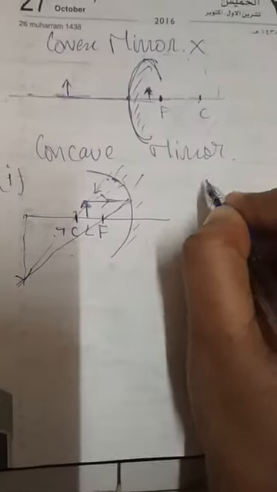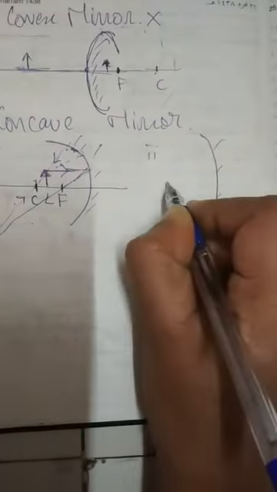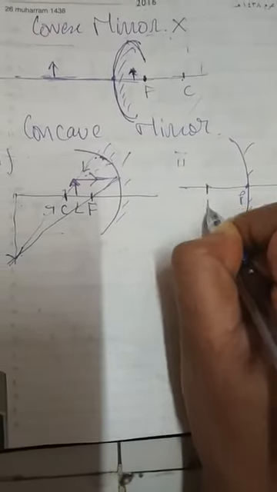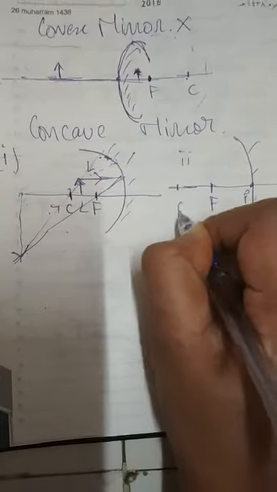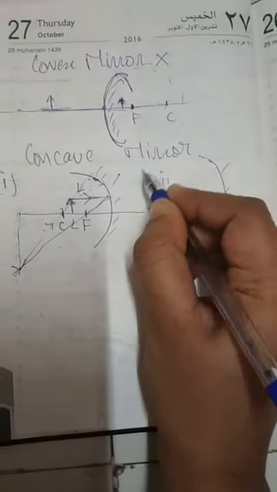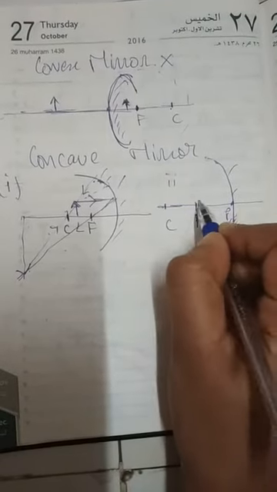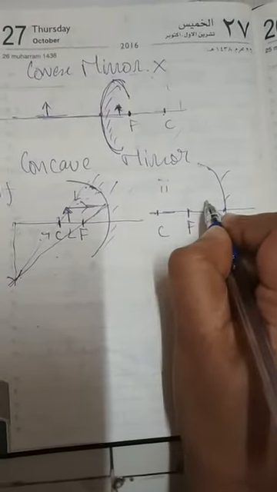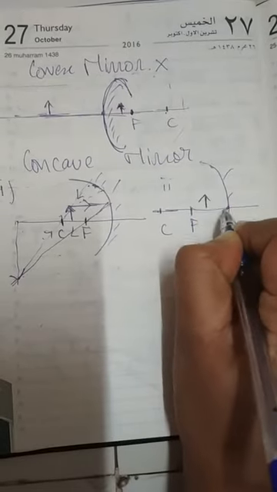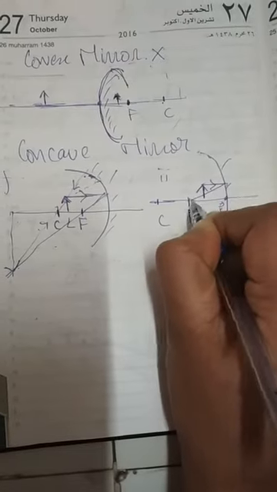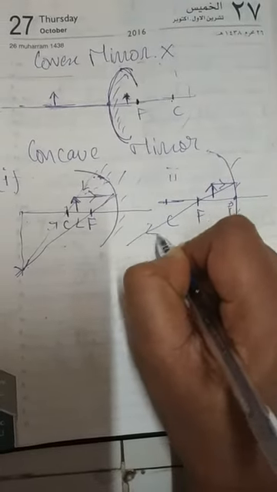Now the second case in concave mirror is when the object is between pole and focus, and this is my center of curvature. If you complete this circle, you will get a center and R by 2 at the focus. So if you put your object between P and F, a ray parallel to the principal axis, after reflection, passes through the focus.